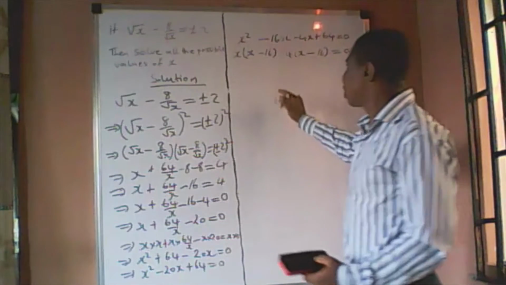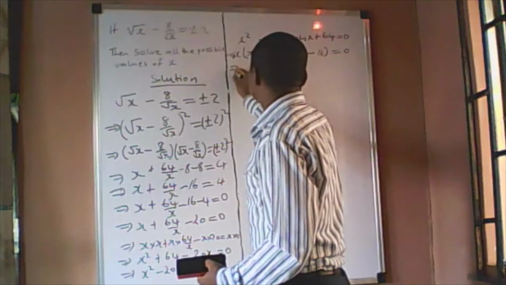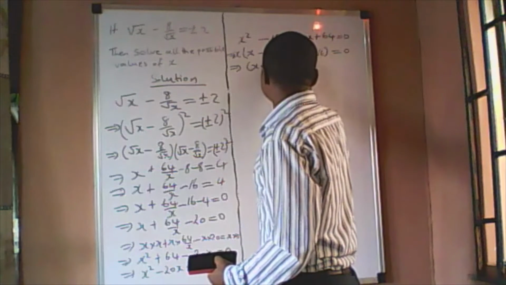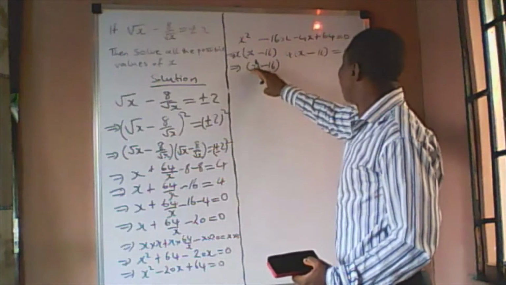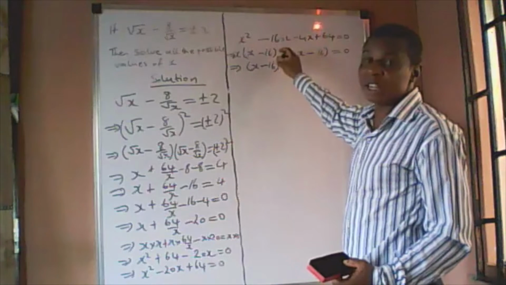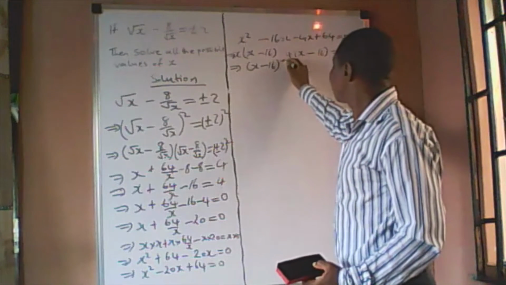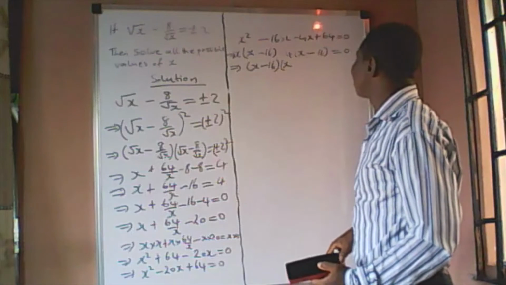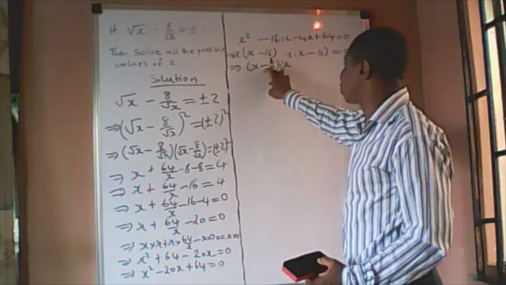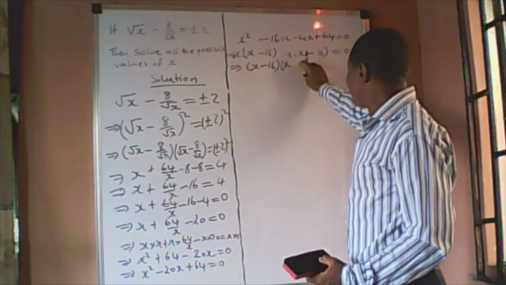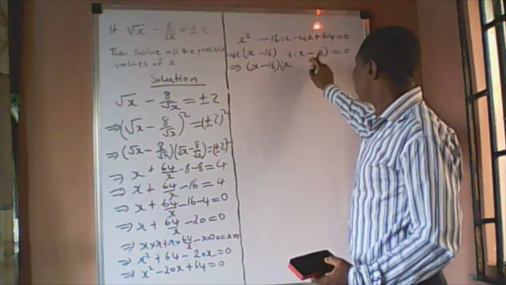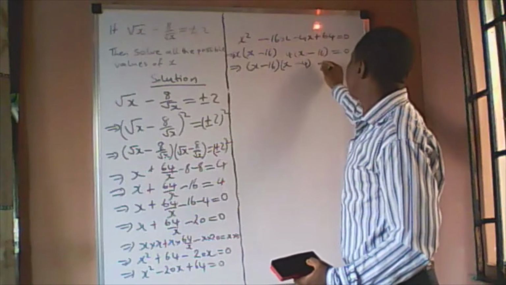If you factorize them, we get x minus 16 all in parentheses, times x, and then minus 4 times x minus 16 in parentheses. It remains minus 4, equal to 0.